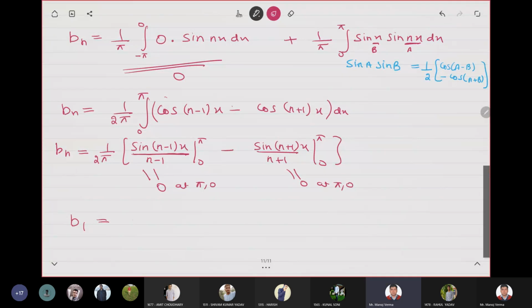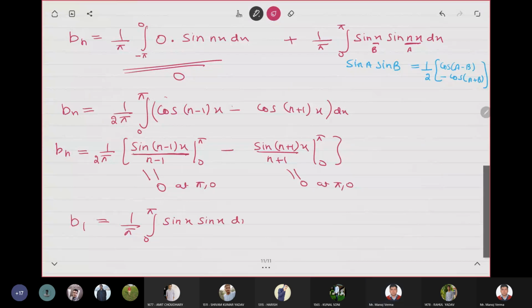This b1 will become 1 over pi from 0 to pi sin x, and sin nx, if I insert n equal to 1, it again will become sin x dx.